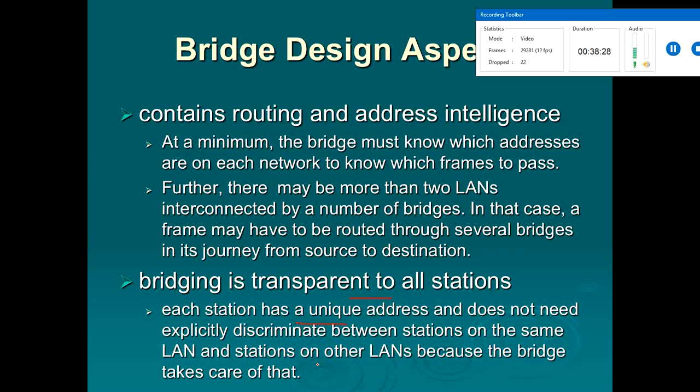So in short, the bridge provides an extension to the local area network that requires no modification to the frames that are being communicated to the stations on the local area network. It appears to all the stations on the LAN that there is a single LAN.